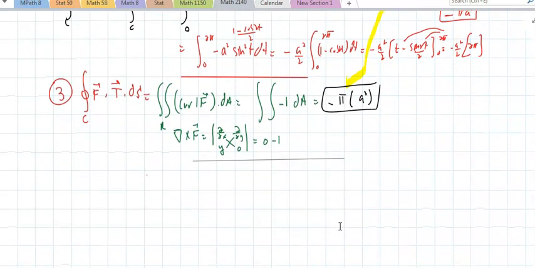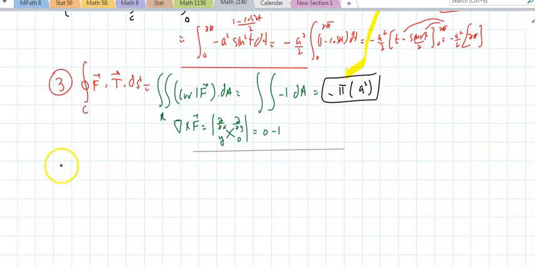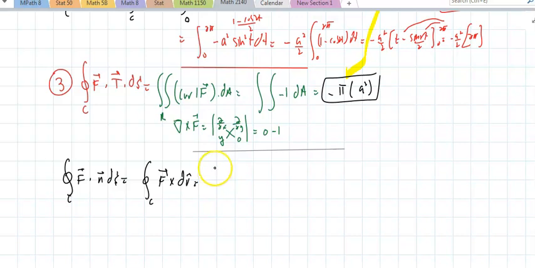And if I want to find flux, if I take the integral along C of f dot n ds, or the closed integral along C of f crossed with dr, if you remember, that's the integral from 0 to 2 pi of f. F happens to be y and 0, and dr is dx dy.